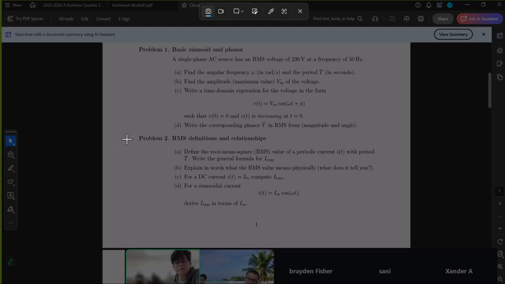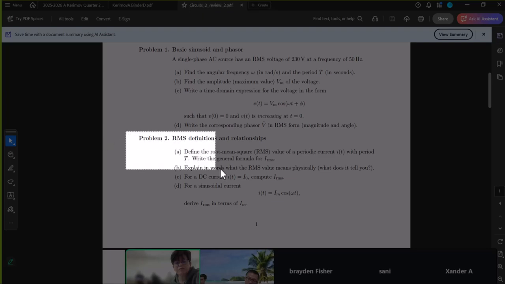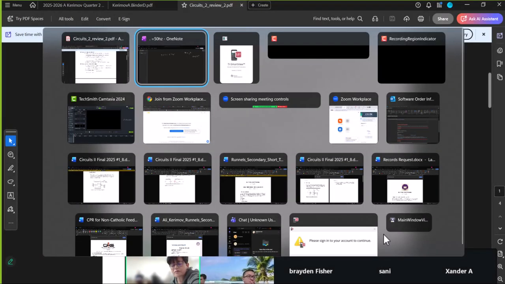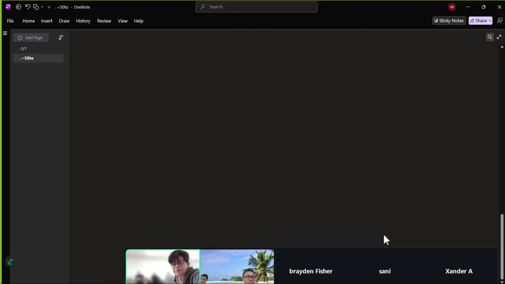So here we're going to talk about what we mean by root mean squared, and how you calculate it.